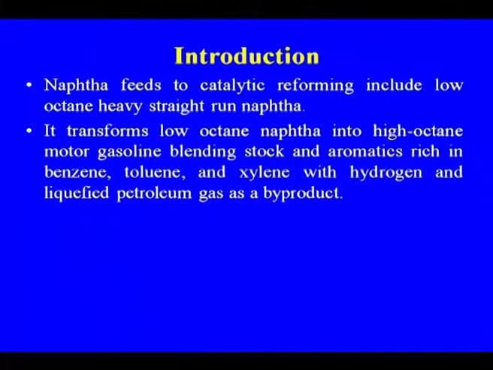So, low octane heavy straight run naphtha is the feed for catalytic reforming. It transforms low octane number into high octane motor gasoline blending stock and aromatics rich in benzene, toluene and xylene, with hydrogen and liquefied petroleum gas as byproducts.